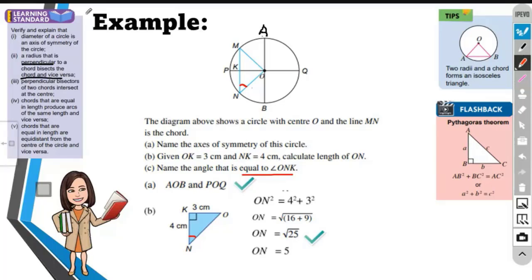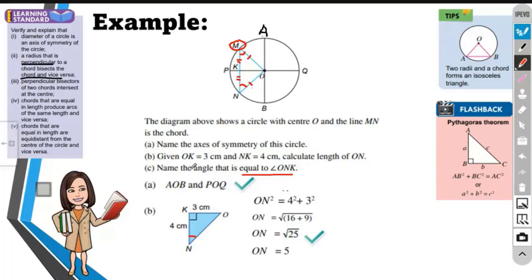OMK, yes, okay, because this is equal here. From here, we know because this is a radius, and this is also equal. So this is also equal. So the angle is the same. So it's OMK. When you give the name of the angle, the middle letter must refer to the position of the angle.